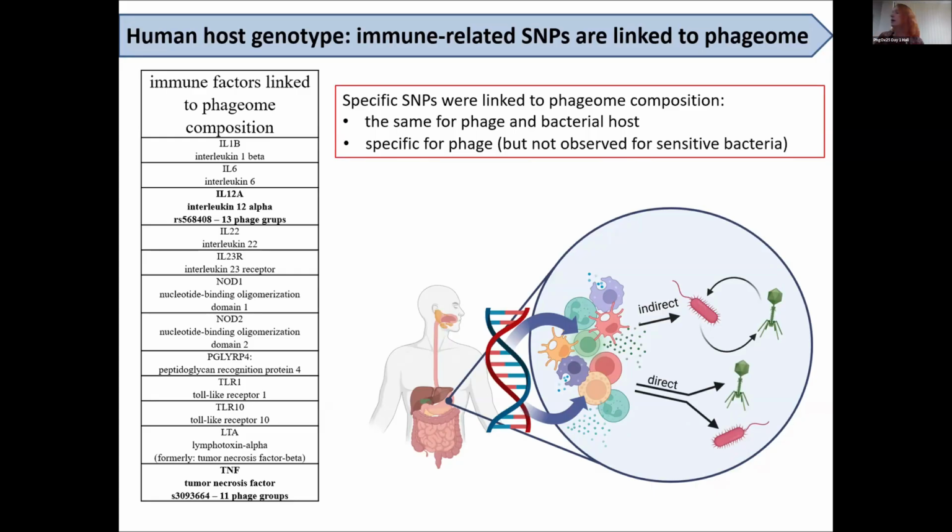All the others correlated to some specific phage groups without specific correlation to what we have in the bacteria. So we can conclude that we have this indirect regulation of phage: genotype, immune system, immune cells, and then bacteria that are affected, and this affects phage propagation and phage chance to be in the microbiome. But we also have direct effects, like regulating just phages by themselves.